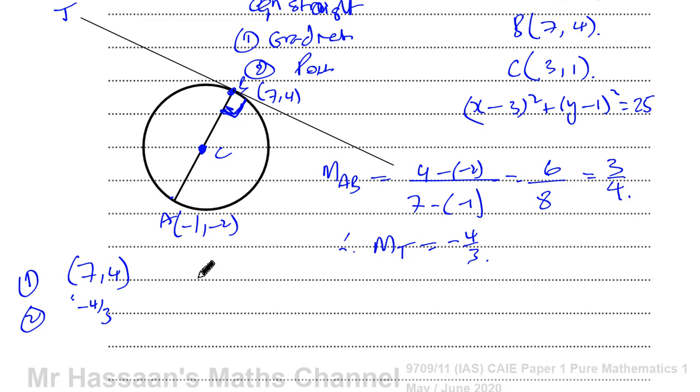So let's go. We know the gradient, the equation of a straight line, y minus y1 equals m times x minus x1. So this is one formula.